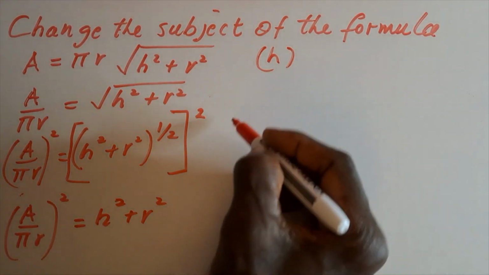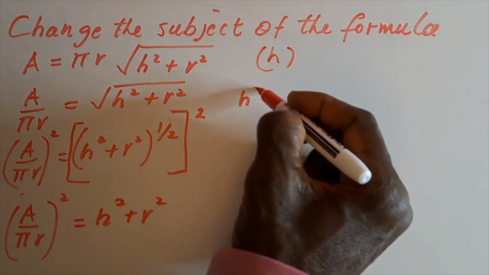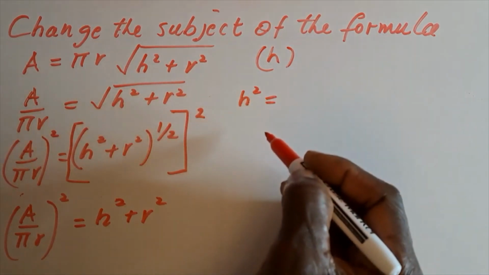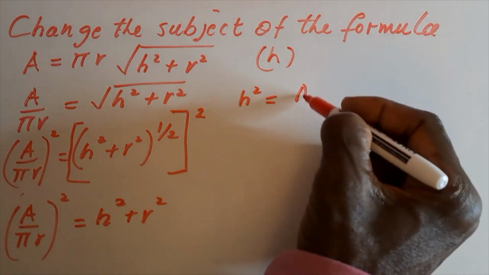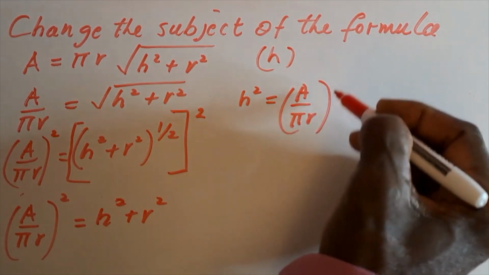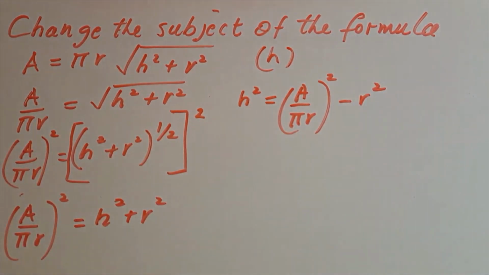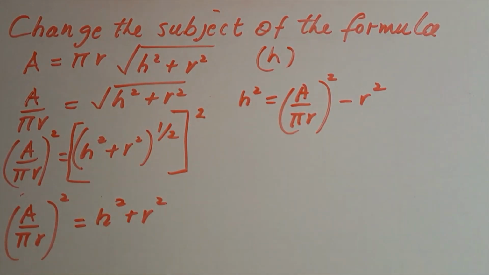Further to that, we can rearrange to find h squared will be equal to A over pi r all squared minus r squared. So we subtracted r squared from both sides here.